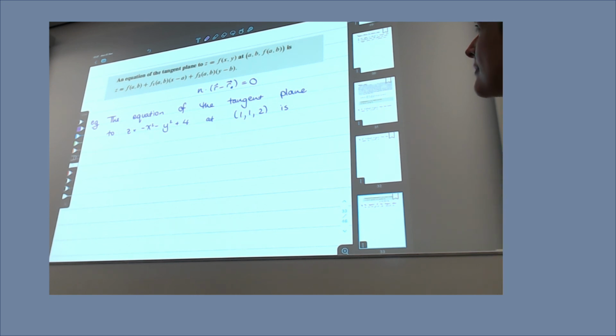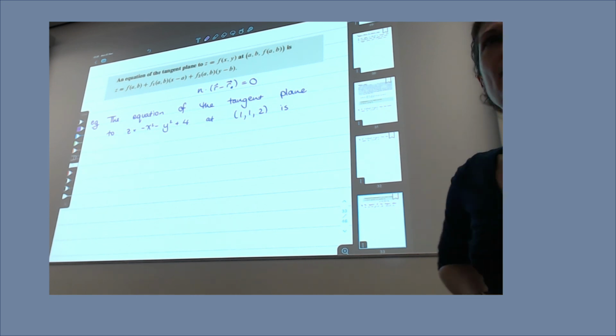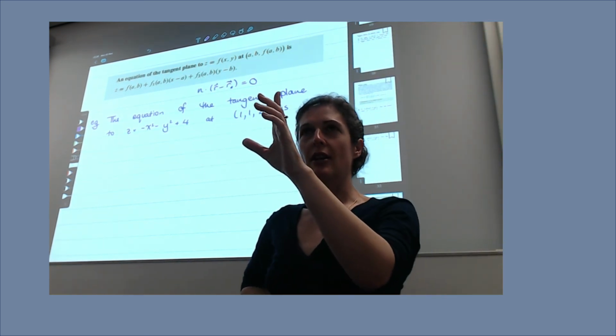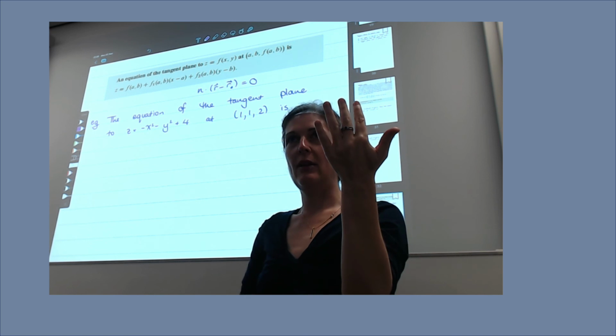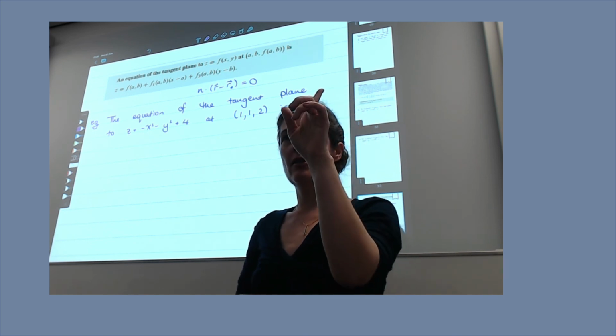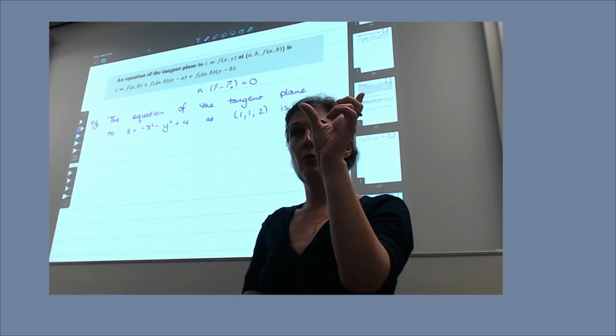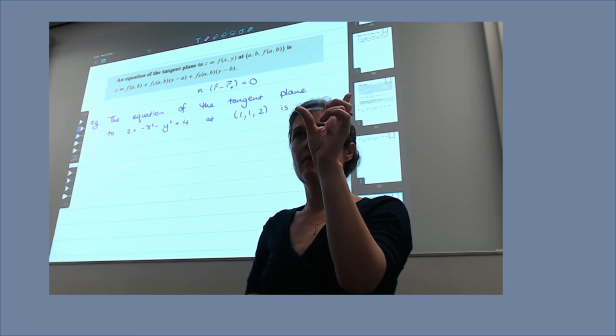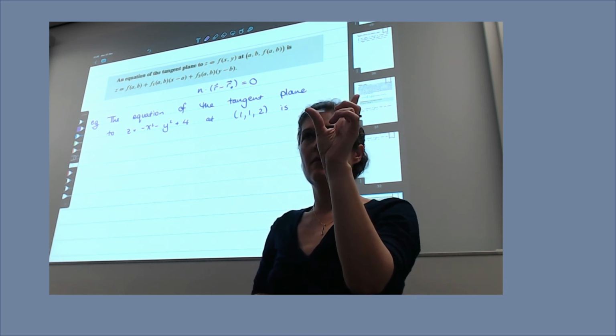Why do I multiply it by x minus a? Okay, so what you want to think about is where that formula comes from. It comes from saying, how do I find the equation for a plane? I need something that's normal to the plane, and I need a point on the plane. So first thing is the point on the plane, and then the second two are the normals.